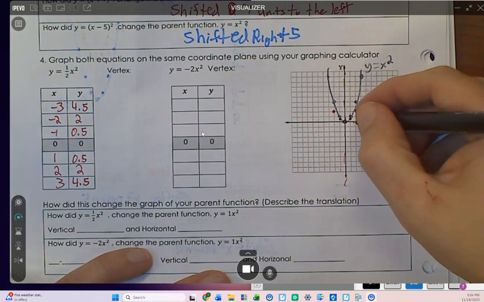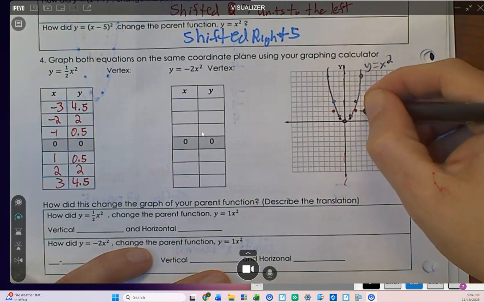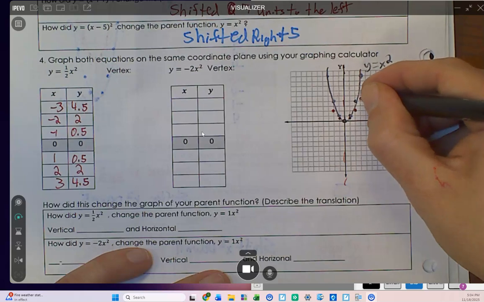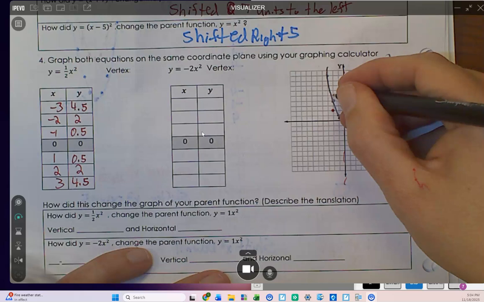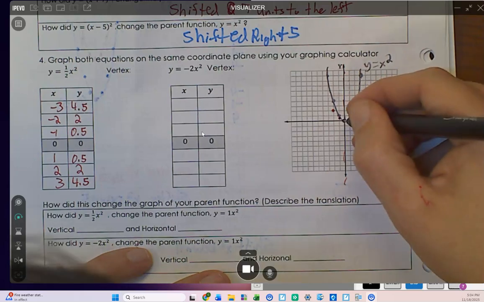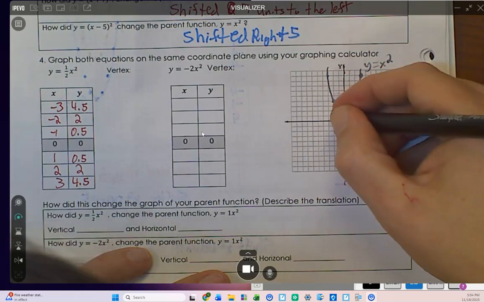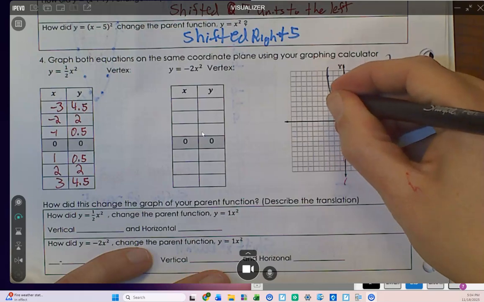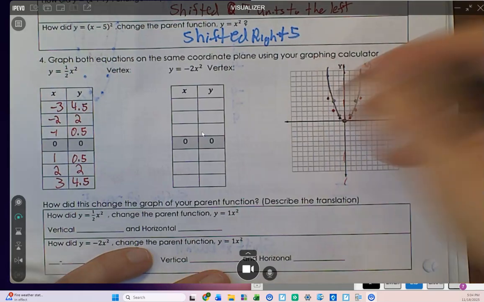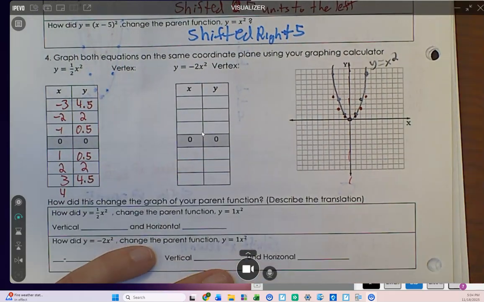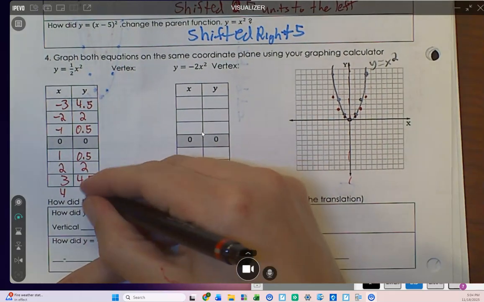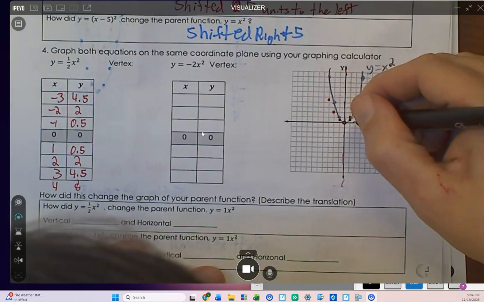Now I go right 3, up 4 1/2, no, left 3, up 4 1/2, and if you did 4 squared, 16, half of that's 8, so it'd be (4, 8).